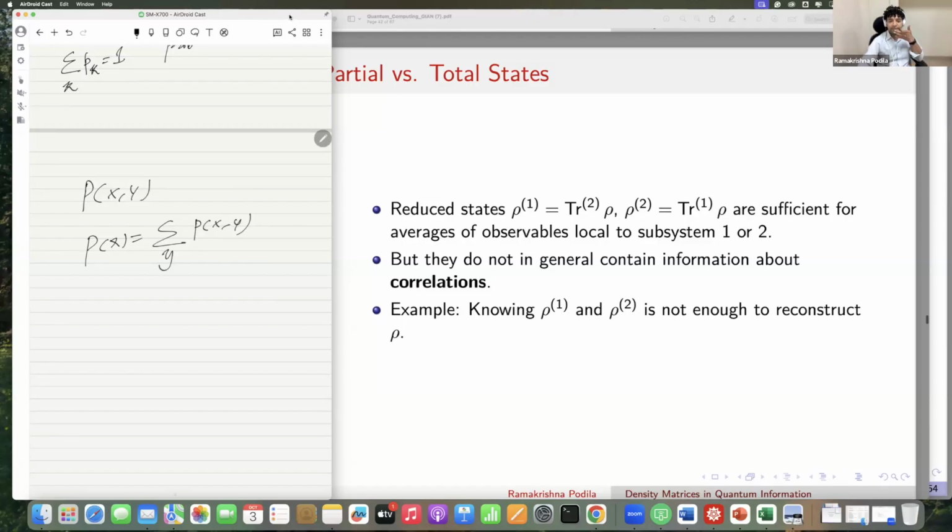Am I making sense? Are there any questions? Taking the partial trace over subsystem 2 is the correct answer. A lot of you answered multiplying rho by identity on subsystem 2, which is not correct. We have to sum it, and projecting onto state 0 is also not the right answer. So please check that.